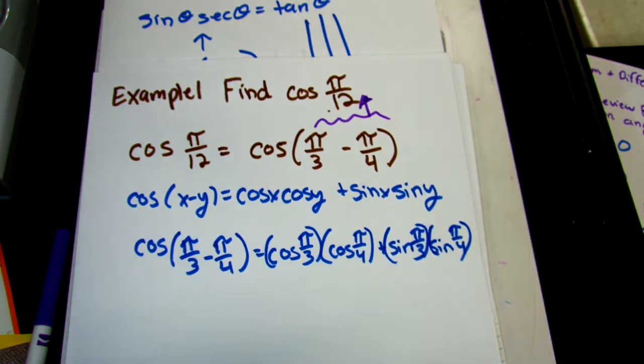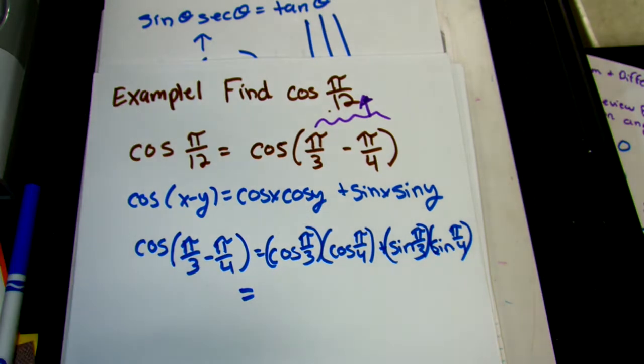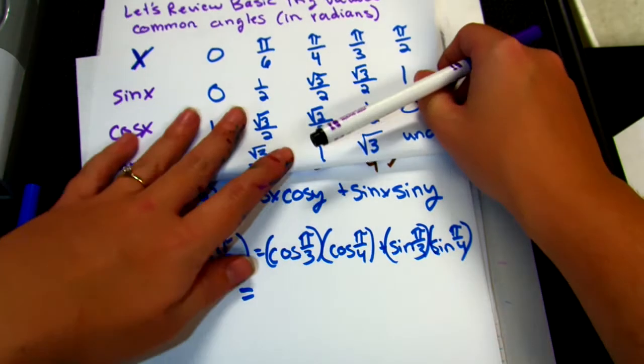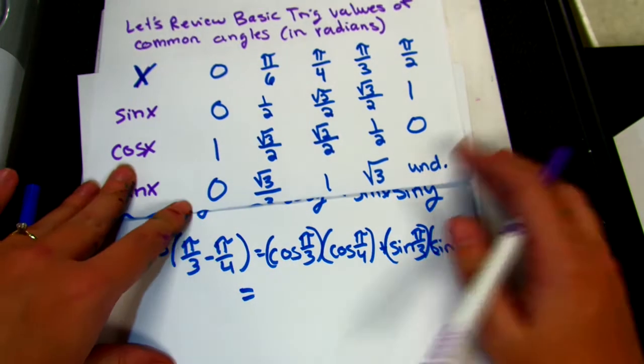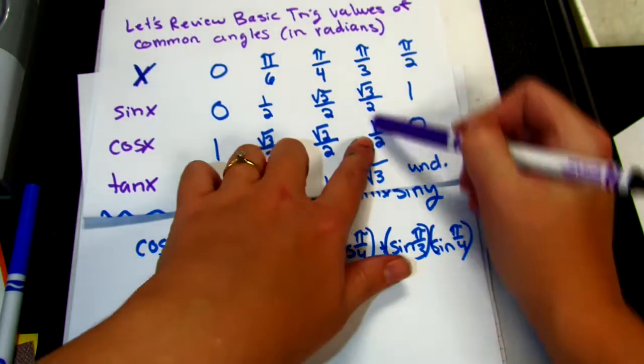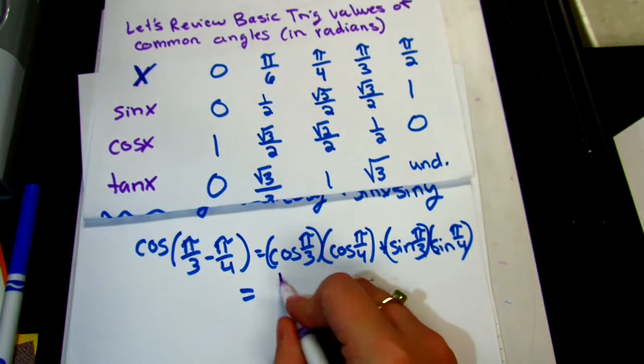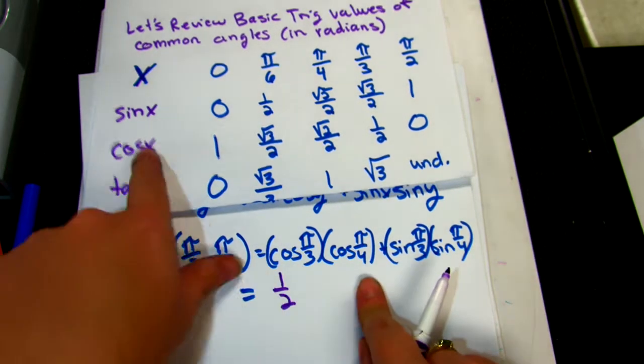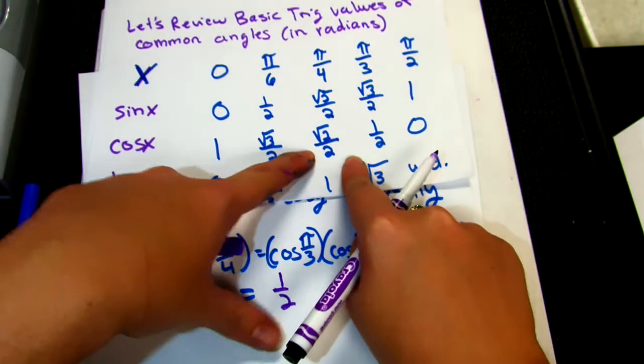All right, so now we plug in those values of those angles, right? So cosine of pi over 3 is 1/2. So I get 1/2, and then cosine of pi over 4 is square root of 2 over 2.